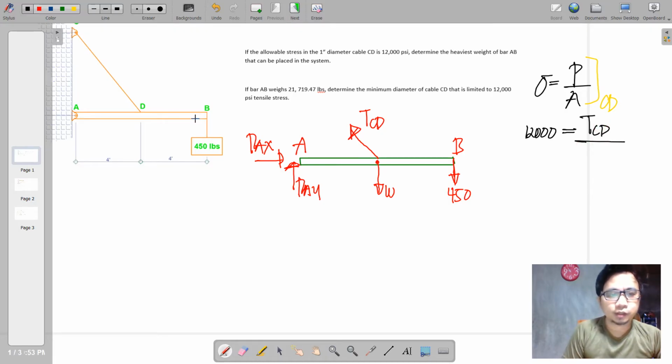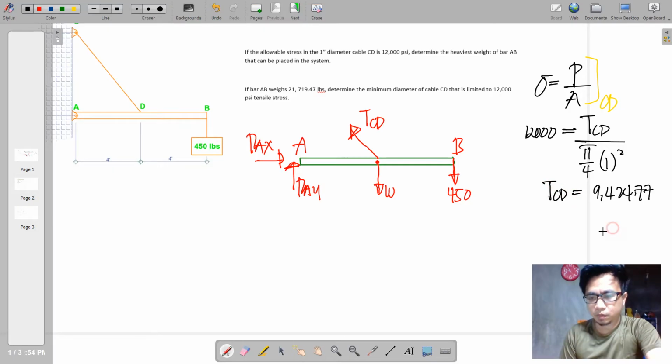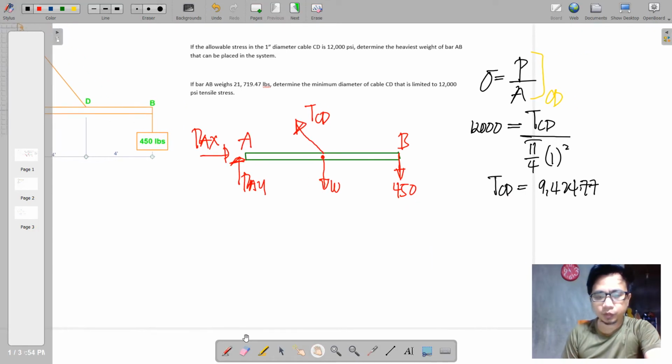And the area, since this is a cable with a 1-inch diameter, is a circular cross-section, so that will be pi over 4 times 1 squared. So we can get right away the value of TCD, which is equal to 9,424.77 pounds. So this is the capacity of the tensile load at CD.